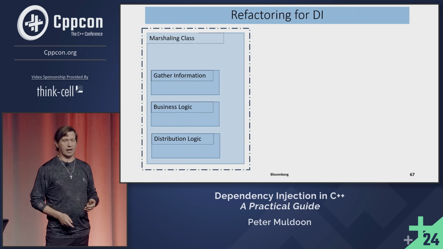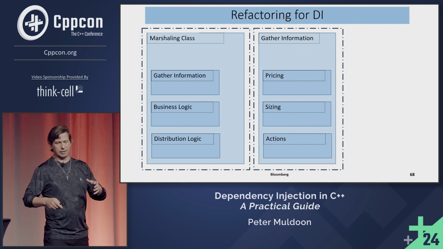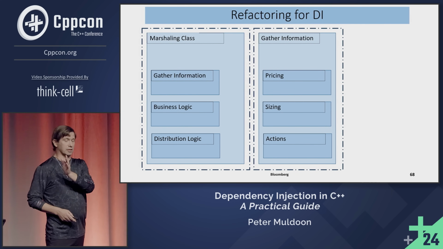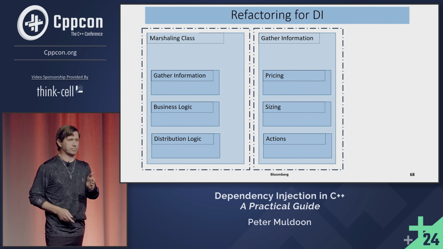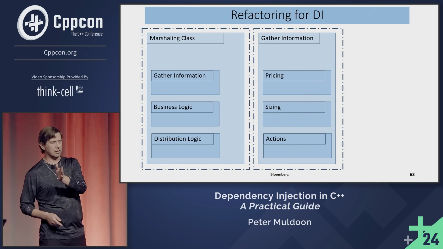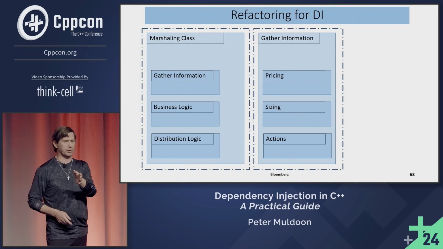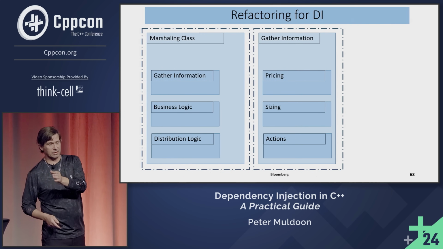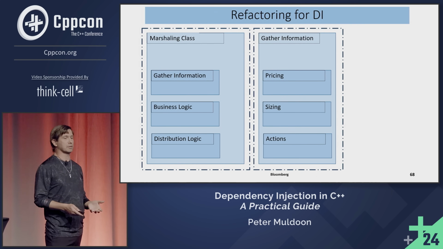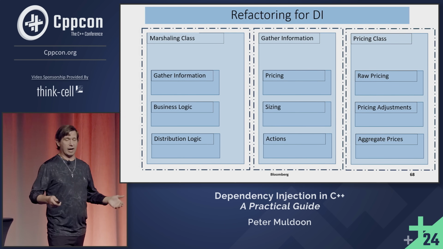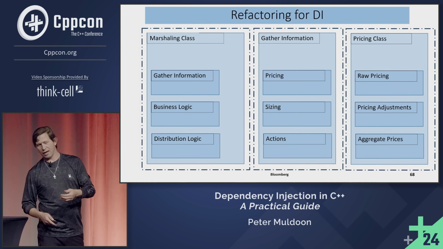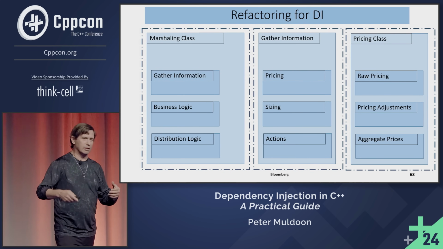I also then have the gather information class, which is a dependency injection point to my marshalling class, so that I can put in a mock gather information to test my marshalling class. My gather information class can be tested by the pricing, sizing, and actions being injected in. And then the classes at the very bottom, the lowest components, have raw pricing, adjustments, aggregate, all the stuff that they need.